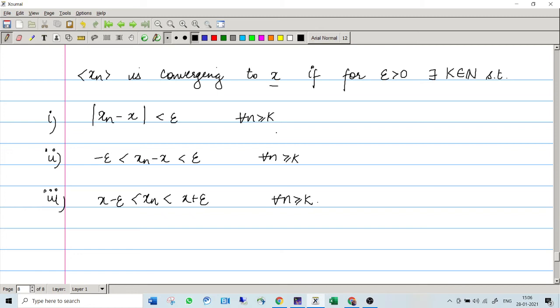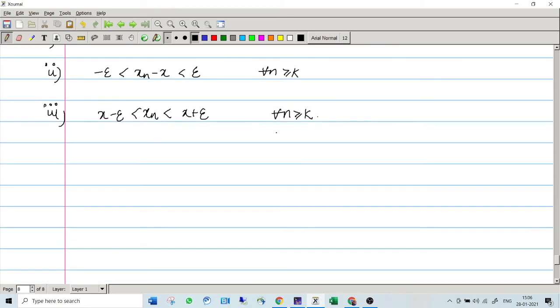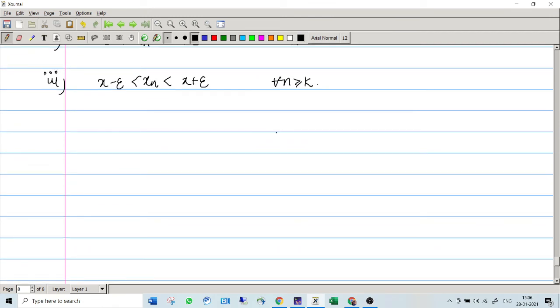Okay, so next up we have that a convergent sequence is going to be bounded. We know what a convergent sequence is, we know what a bounded sequence is, but how they are actually related is the next theorem.